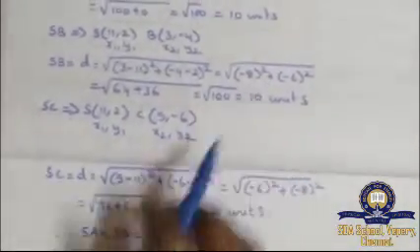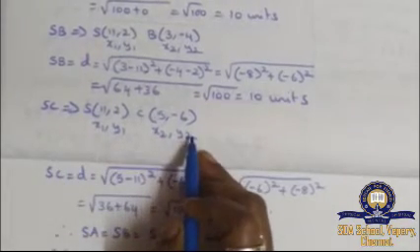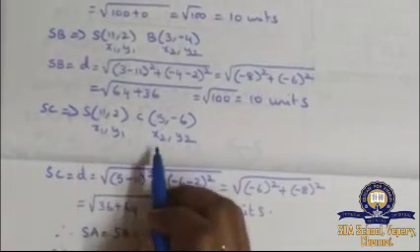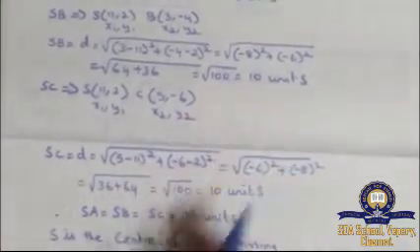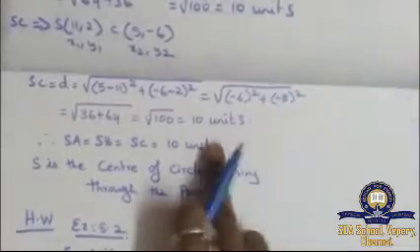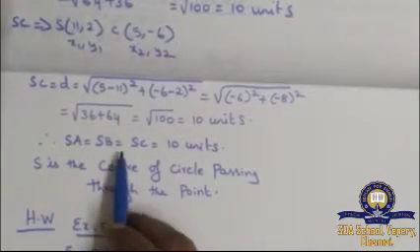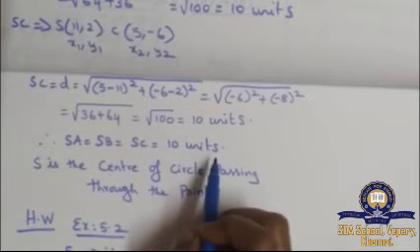Next step, SC: S is (11, 2), C is (5, minus 6). If you substitute in the same formula, you will get the same answer, 10 units. Therefore, SA is equal to SB is equal to SC, which is 10 units.